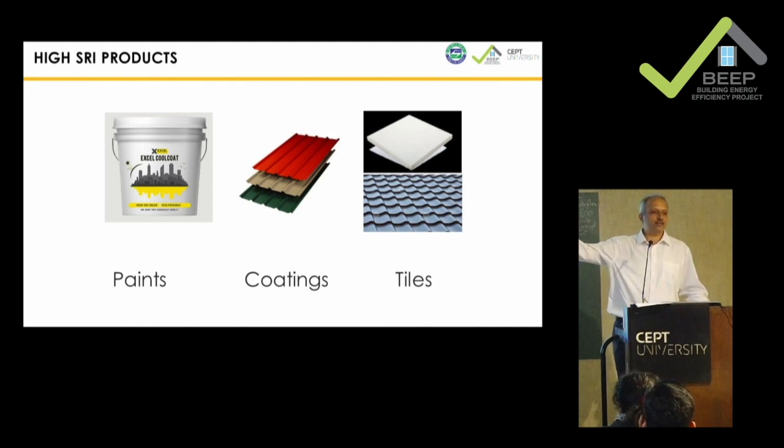Now advancement of technology has given us a highly reflecting or highly emitting surface which has more emittance value than the base case. Hence we get an SRI which is higher than 100. That does not mean that it reflects more than what it absorbs.